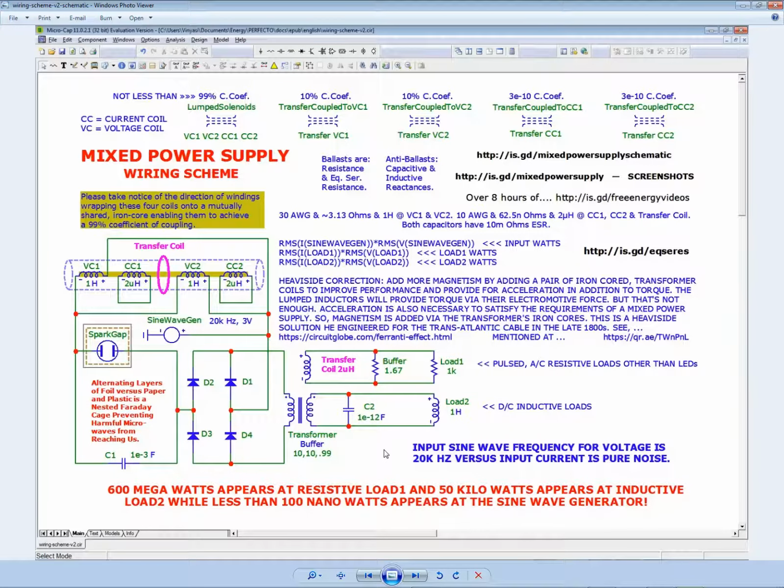So the reactance of the voltage is so high that it's pressuring the sine wave generator with resistance, and that's why it has to put out noise, because of the complex of reactive resistances and reactive voltages imposing themselves onto the sine wave generator, creating a net result of a current coming out of the sine wave generator which is randomized, which is teeny weeny by contrast to what's being thrust in its face.